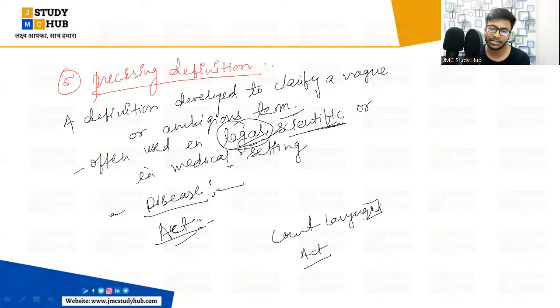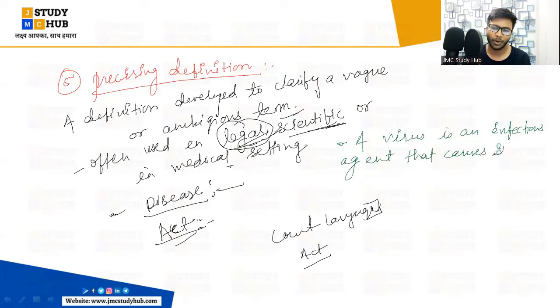So for an example, अगर मैं इस तरीके से डिफाइन करूं, a virus is an infectious agent that causes smallpox.